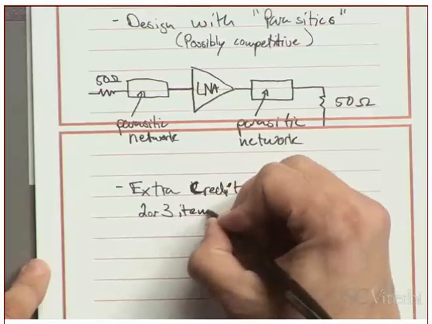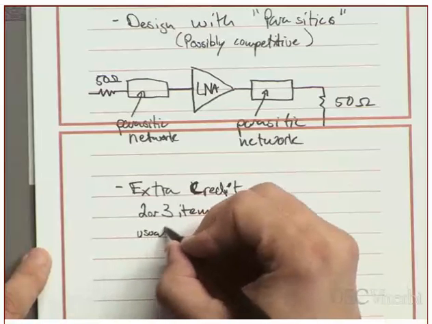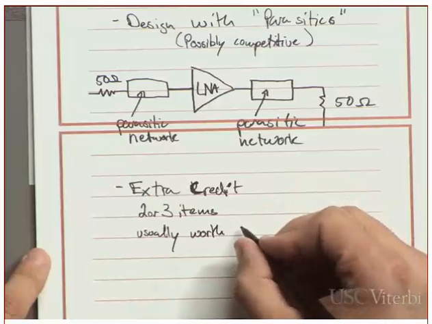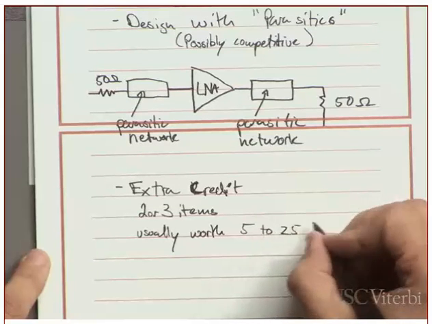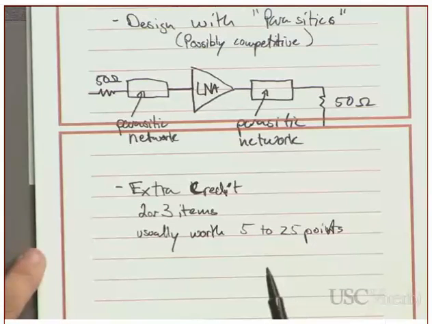So this is 2 or 3 items, and they're usually worth anywhere from 5 to 25 points extra. And I graded the whole thing out of 100 points, so this can be quite a bit.